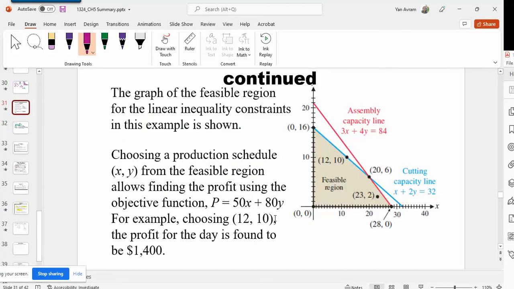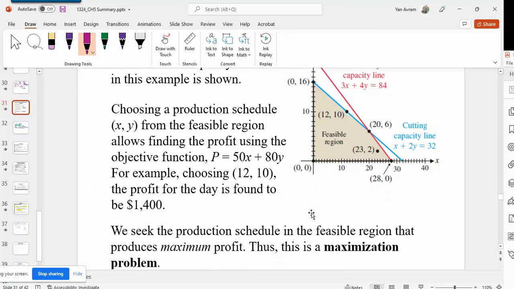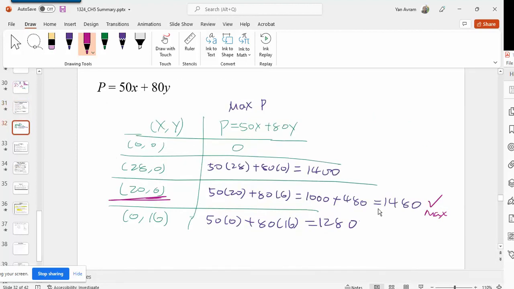Okay, so 20 and 6 make the maximum profit, fitting into this schedule. Okay, so that is how you find the maximum value for P in here.